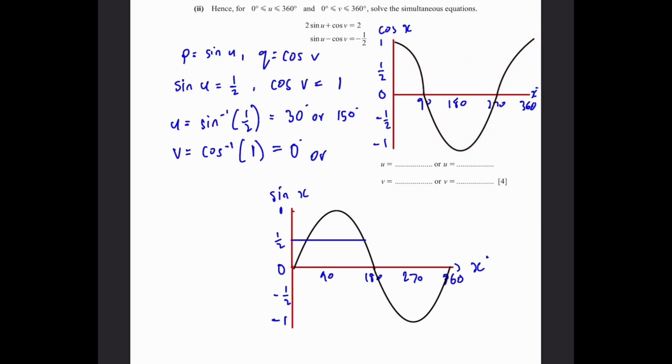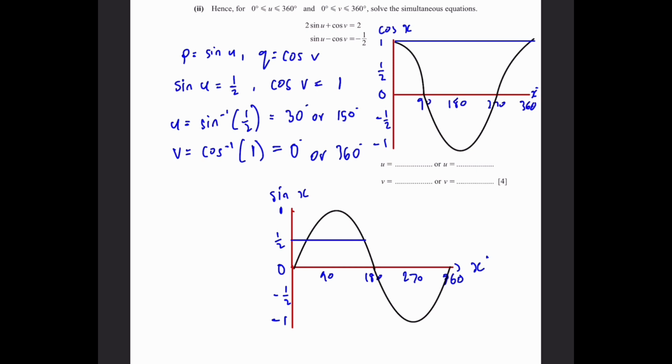And over here, let's take cos x equals 1. We can see when we draw a line, we get a value at 0, but we get it at the other side as well, which is all the way at the end, 360. So we can also write the second value as 360.